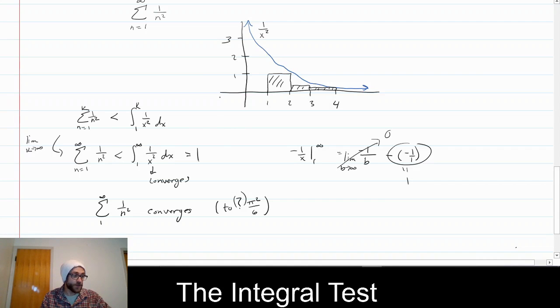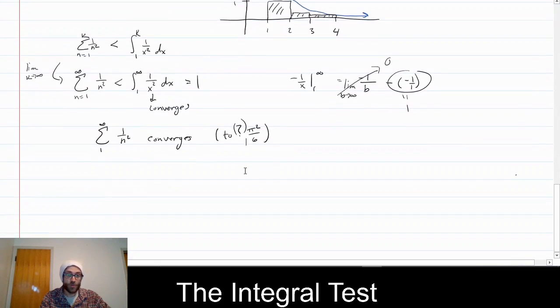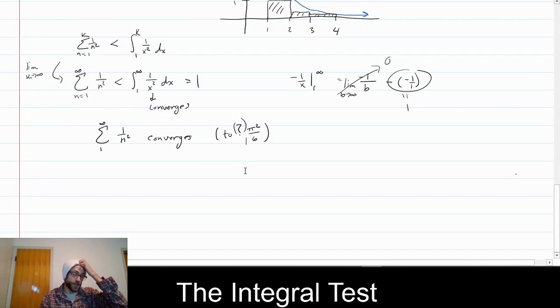So that's pretty much all that we have for this. So let's just do one more example, and let's determine if, so we want to know, is the sum from 2 to infinity of 1 over n log of n convergent or divergent?